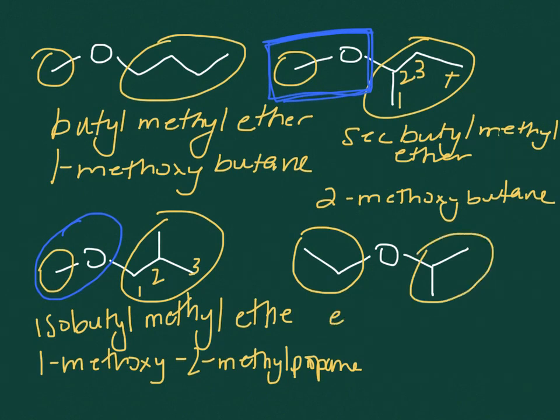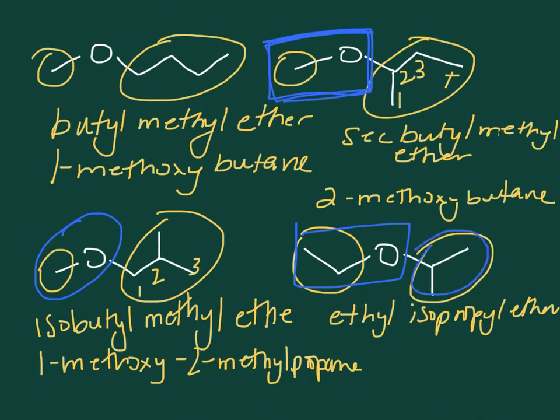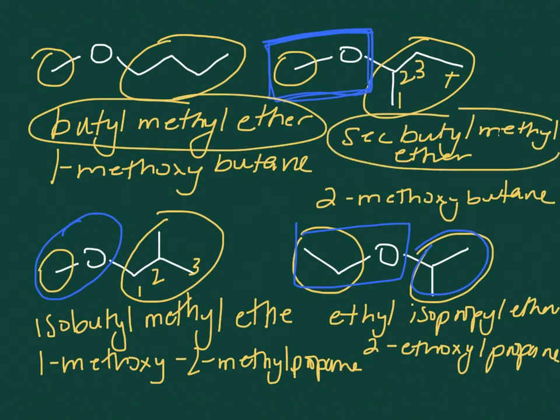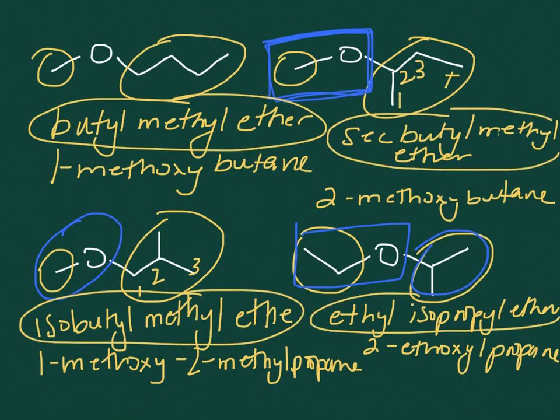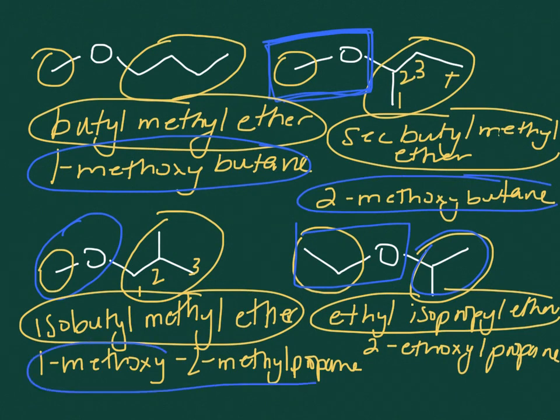So this can be commonly called ethyl isopropyl ether, or we can say this is an ethoxy group and this is propane, and so the name would be 2-ethoxypropane. Okay, so the first names are the common names, and then the systematic names. Both are accepted in IUPAC nomenclature.